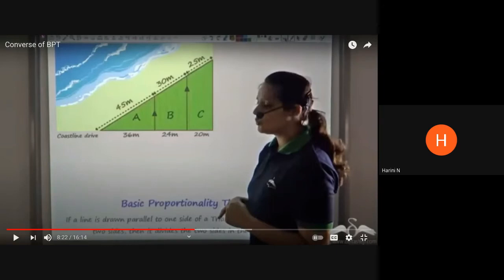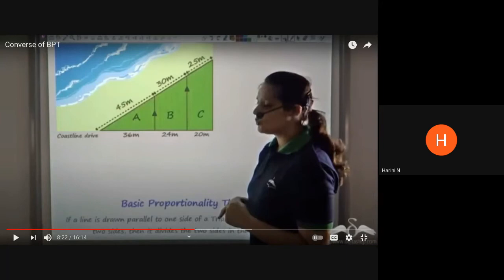Any guesses? It's very simple. If a line is drawn parallel to one side, the other two sides are divided in the same ratio. The converse: if two sides of a given triangle are divided by a line in the same ratio, then that line becomes parallel to the third side. You understand how I have changed the given and to prove? In the original theorem, the given line was parallel to one side.